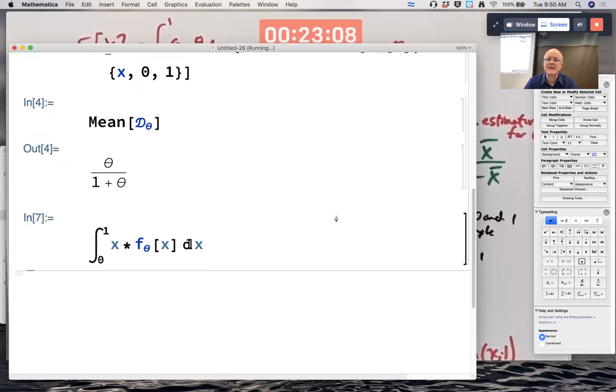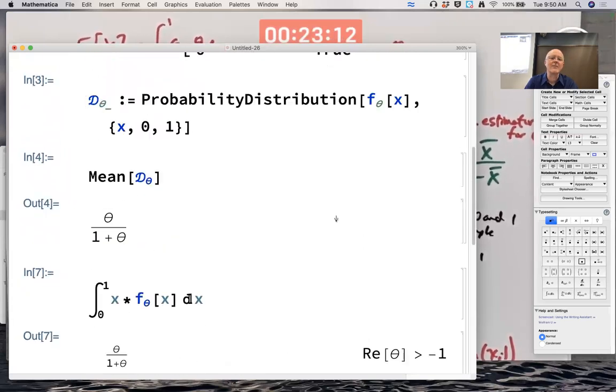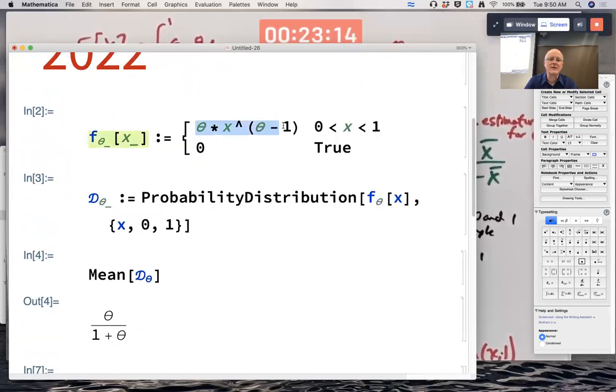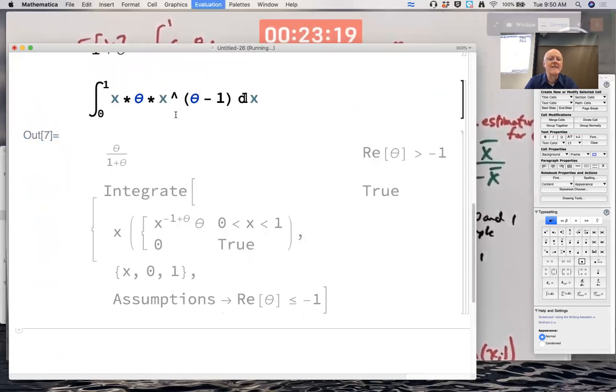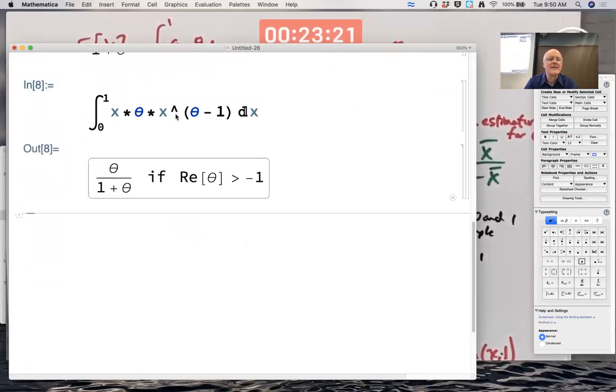Takes a little while, but it does compute it. I did it beforehand. Oh, okay. If the real part of theta is greater than -1, then the integral converges and converges to this. But of course, for us, theta is a real number bigger than 0, so that's definitely true.